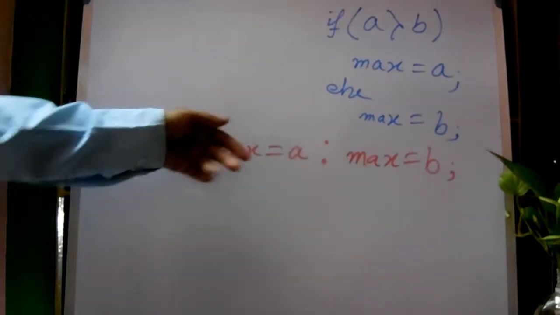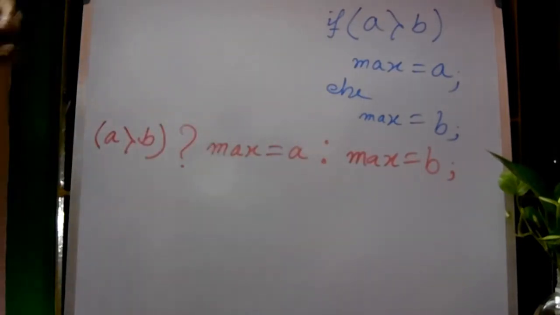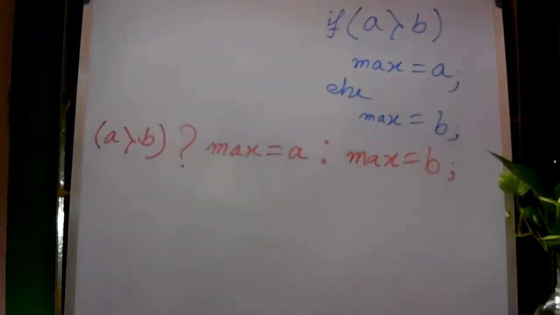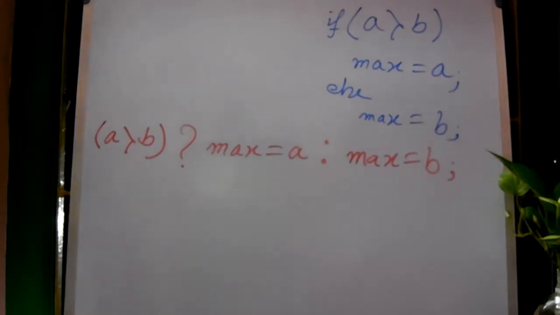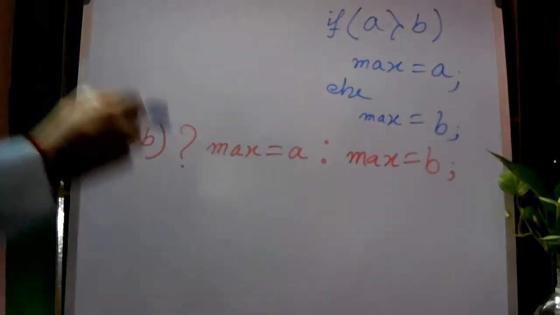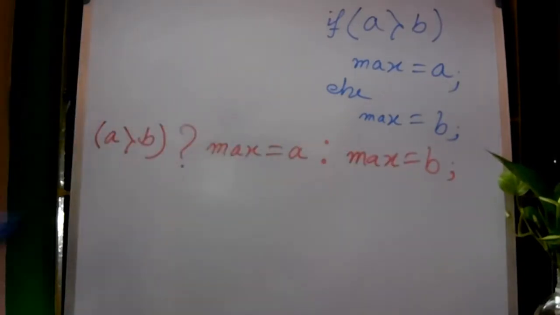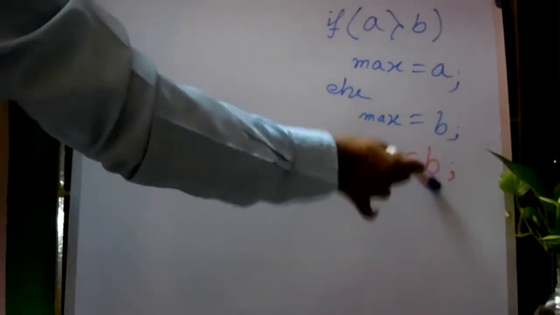These two things are repetitions: max equal to is used twice. Instead, we can write it together. Depending upon this condition, max is assigned in both cases, either with the a value or with the b value.